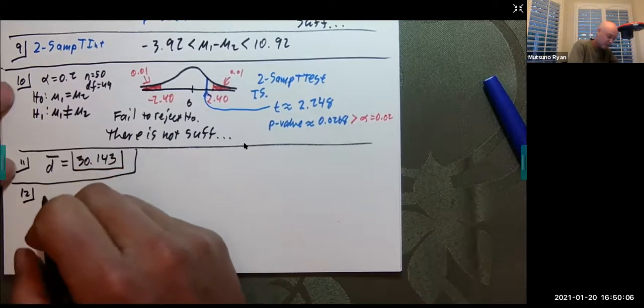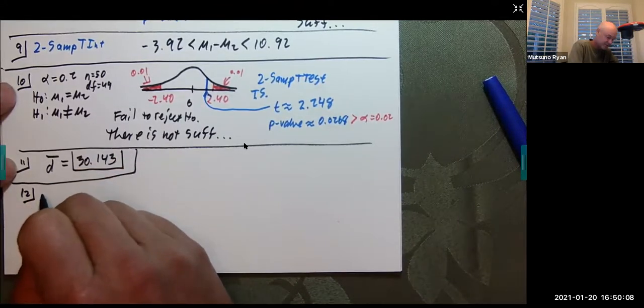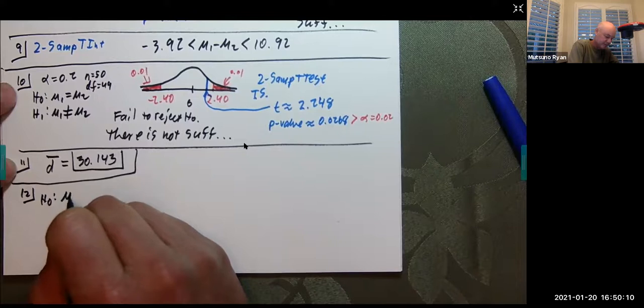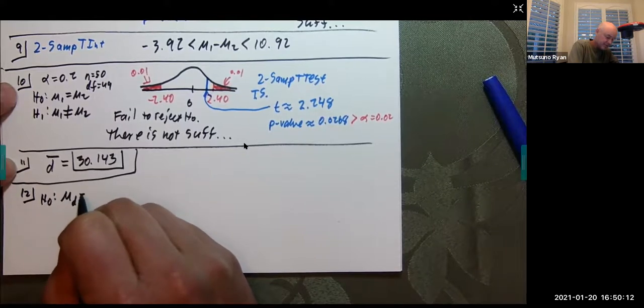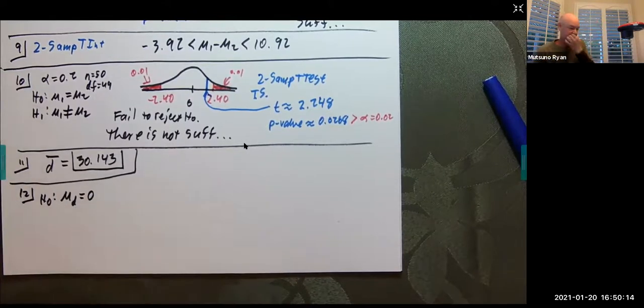And our null hypothesis in this case is the mean difference. We're going to assume that there is no difference, that it's 0. And they just want the value of the appropriate test statistic. So we're not running a full test yet, which is fine.